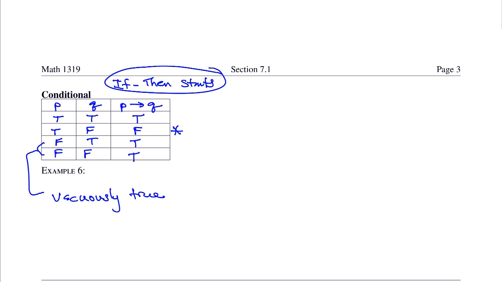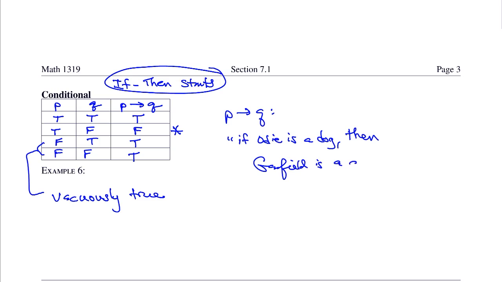So here we could have P implies Q would be, if Odie is a dog, then Garfield is a giraffe.